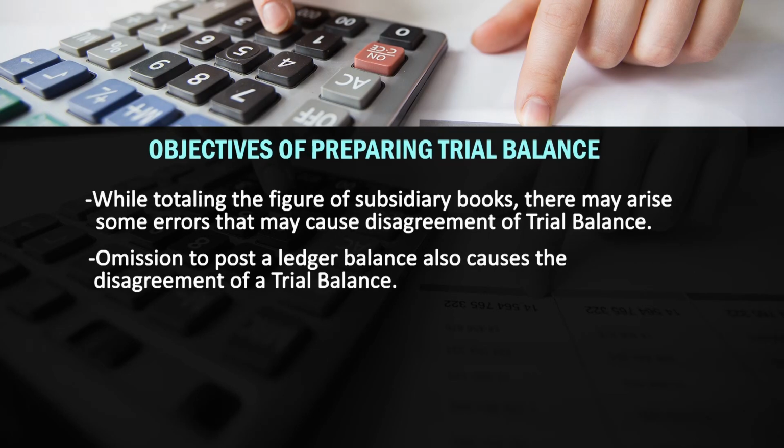Then the next one is, omission to post a ledger balance also causes the disagreement of a trial balance. So, what happens, dear friends, is that we bought goods worth rupees 1 lakh from Mr. Shyam on credit. So, here the journal entry is purchases account debit to Mr. Shyam rupees 1 lakh. Here rupees 1 lakh must have been debited to the purchases account and rupees 1 lakh must have been credited to the Shyam account.